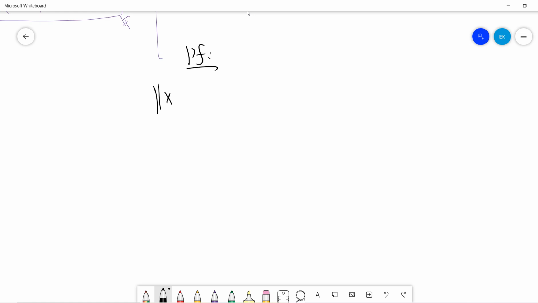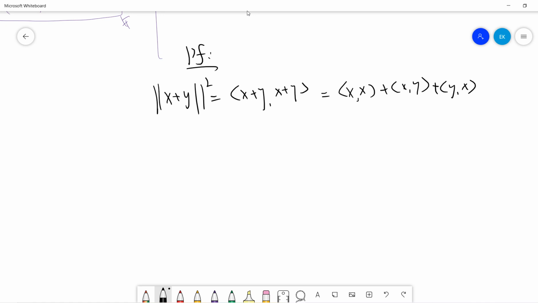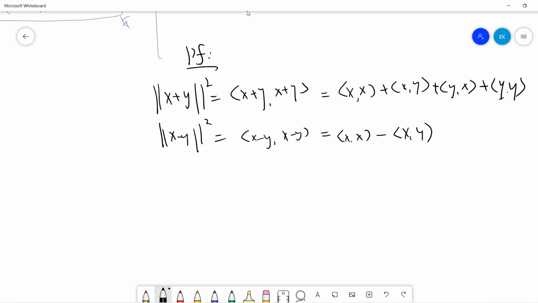We know that x plus y squared is the inner product of x plus y with x plus y. Since the inner product is linear, it's xx plus xy plus yx plus yy. And the same for x minus y squared, it's the inner product of x minus y with itself, so xx minus xy minus yx plus yy.